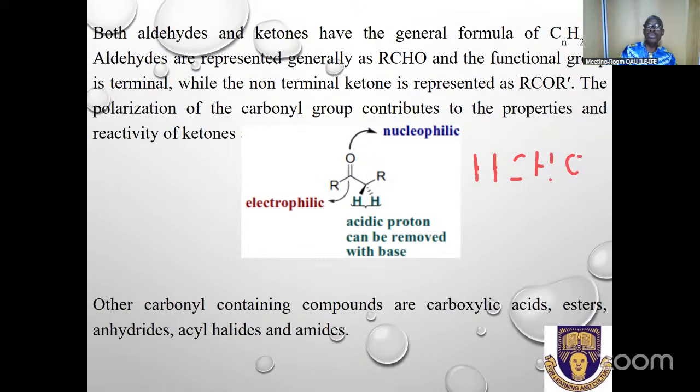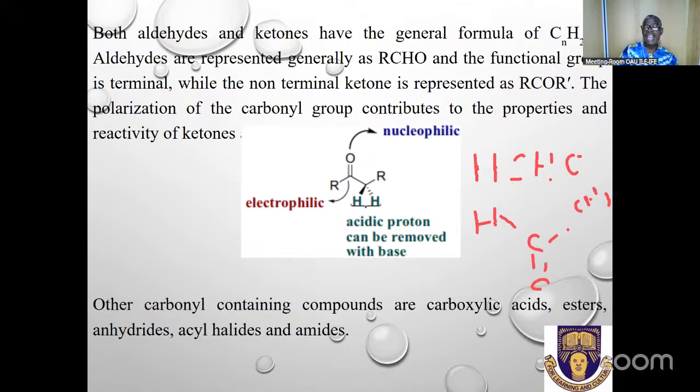But if n is 2, then you can have either an aldehyde or a ketone. n equal to 2 will also give you ethanal, CH3 C double bond O. That is ethanal.